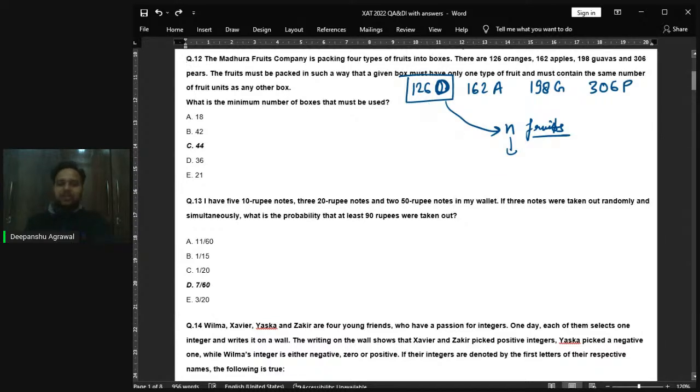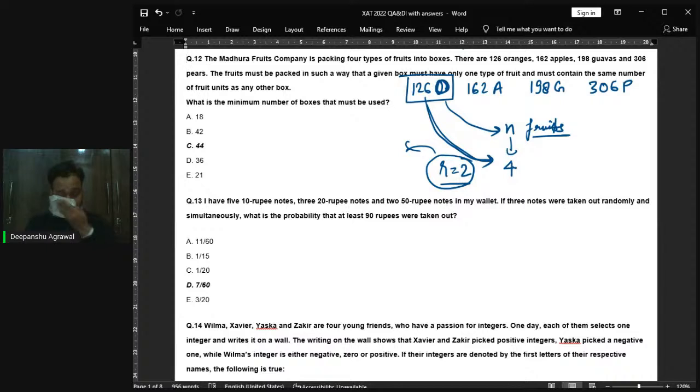Suppose the value of n comes out to be 4, then 126 cannot be perfectly divided in groups of 4. If we try to divide 126 into groups of 4 fruits, we would be left with two fruits. And those two fruits can't be put in another box.